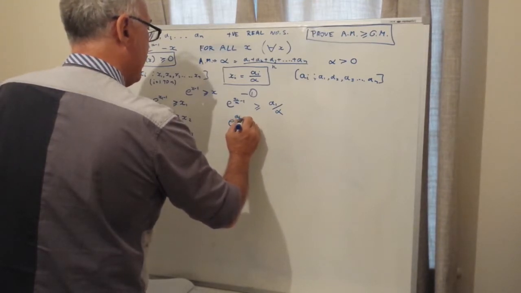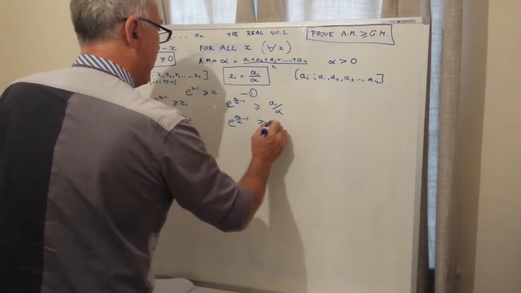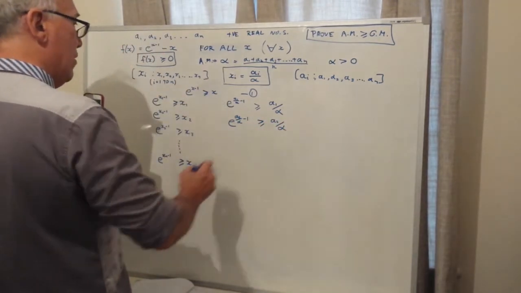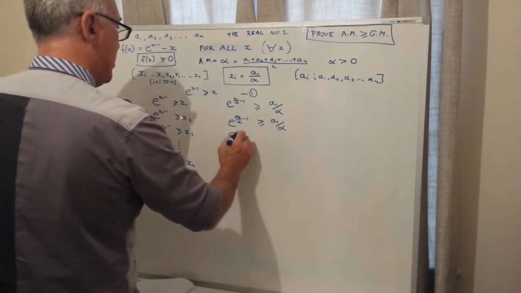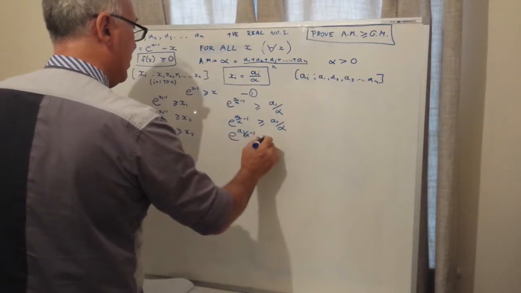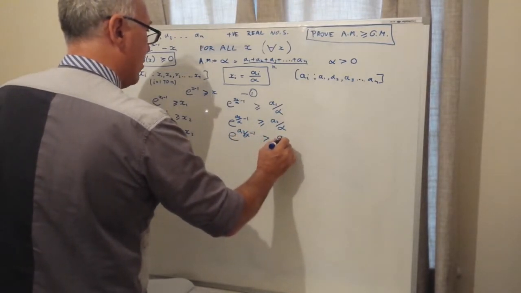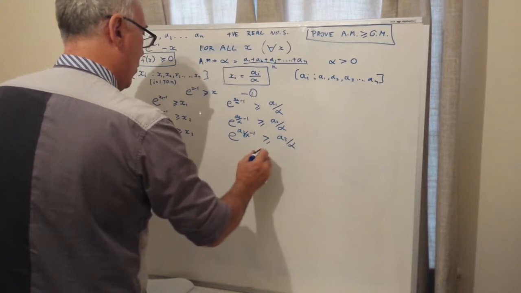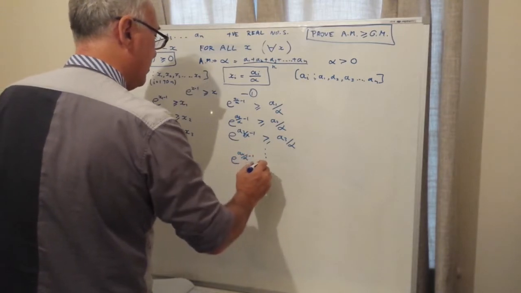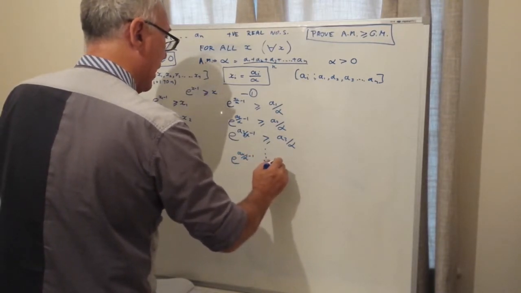Sorry, that's e to the a2 over alpha minus 1 greater than or equal to a2 over alpha. And then we have e to the a3 over alpha minus 1 is greater than or equal to a3 over alpha, all the way to e to the an over alpha minus 1 greater than or equal to an over alpha.